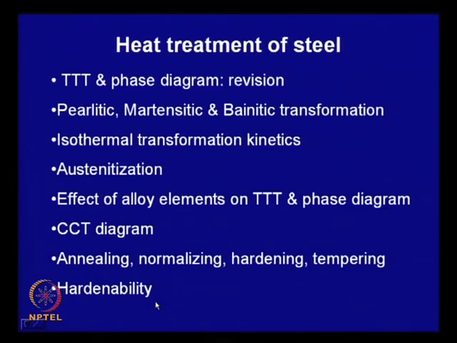Now, coming back, it may be worthwhile to look at one basic difference between precipitation hardening and the hardening treatment that we are going to talk about in steel. In precipitation hardening, when you heat a metal to a high temperature and then quench it rapidly, what happens?